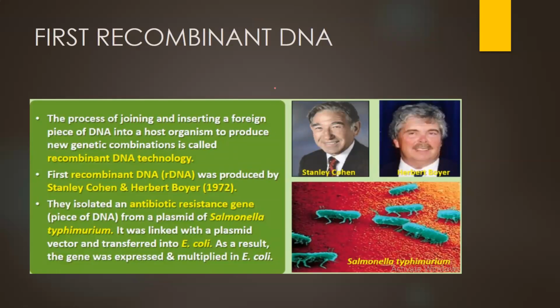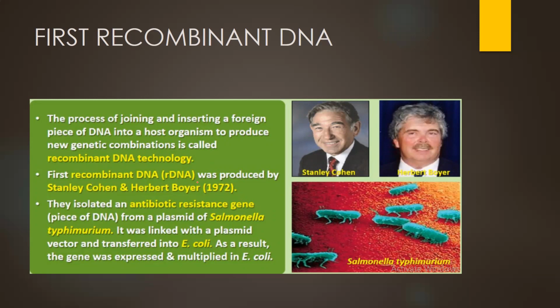Now, let's see how the first recombinant DNA was formed. This first recombinant DNA was constructed by linking a piece of DNA, a gene encoding antibiotic resistance, with a native plasmid. As I told you, these plasmids are autonomously replicating circular extrachromosomal DNA. This native plasmid was of Salmonella typhimurium.